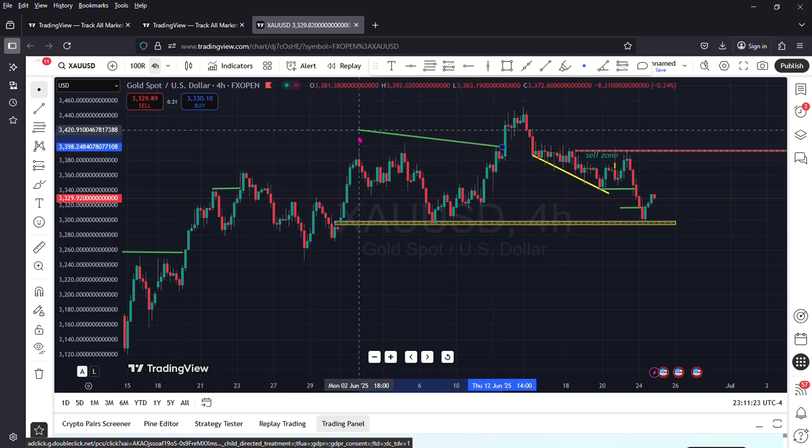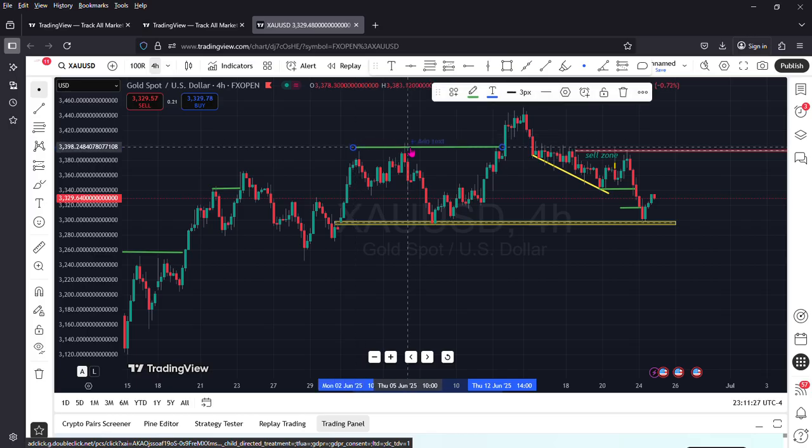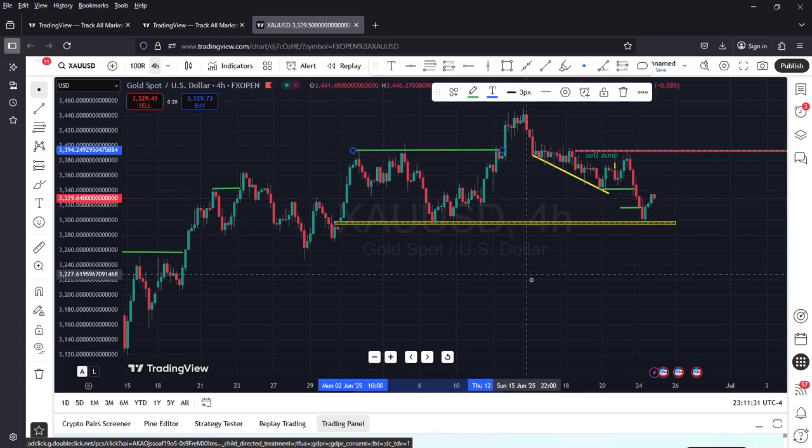This is in our 4 hours. After the break of structure here, the market is trying to take in base here. So now, as this is the highest high so far, we are looking for the lower low.